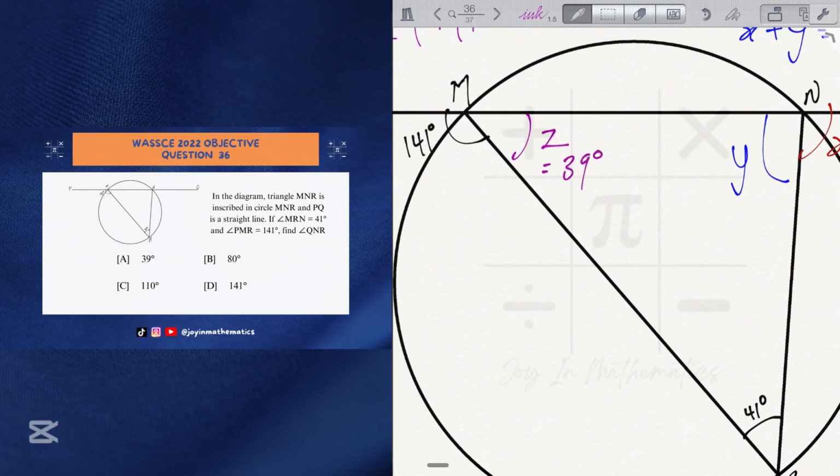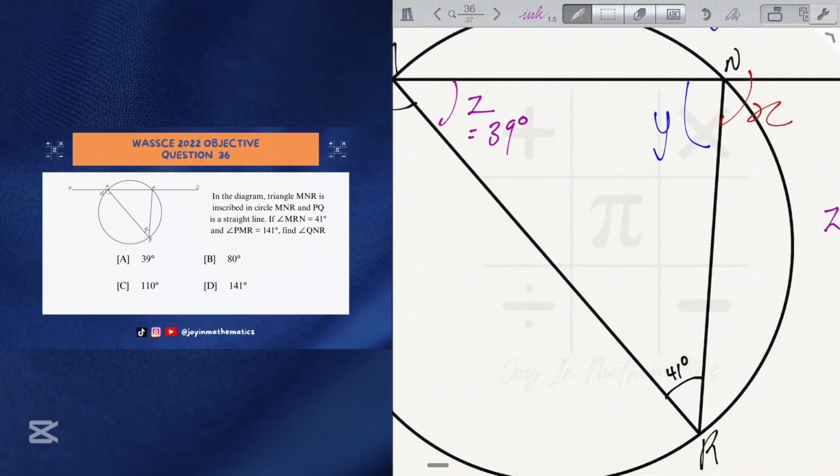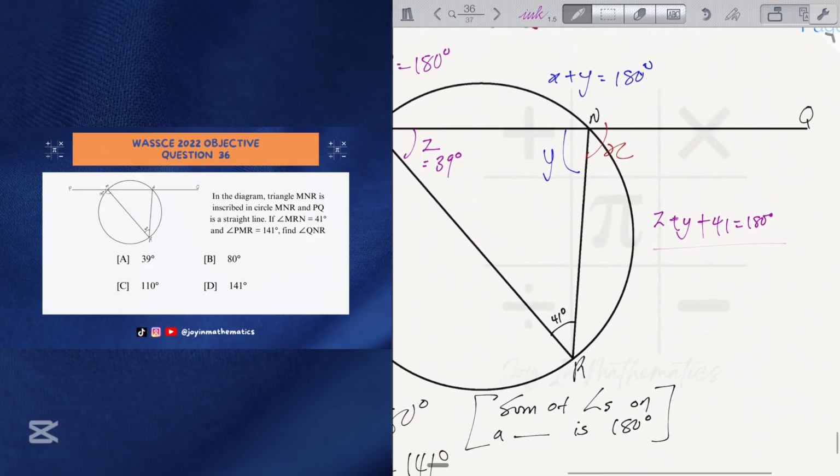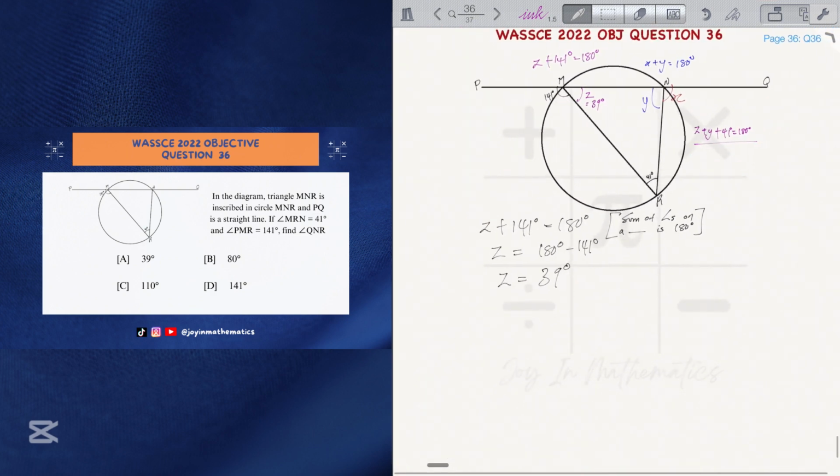Now let's find the value of Y. We are going to look for the value of Y using this principle: Z plus Y plus 41 degrees is equal to 180 degrees. So we are going to consider triangle NMR.